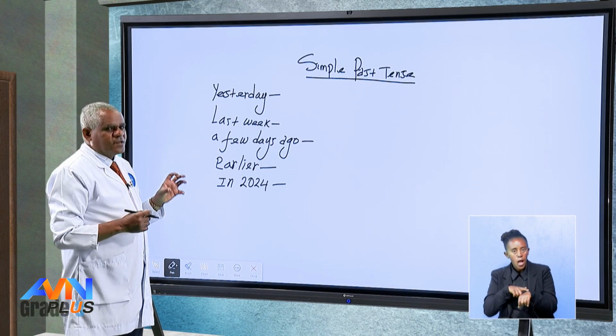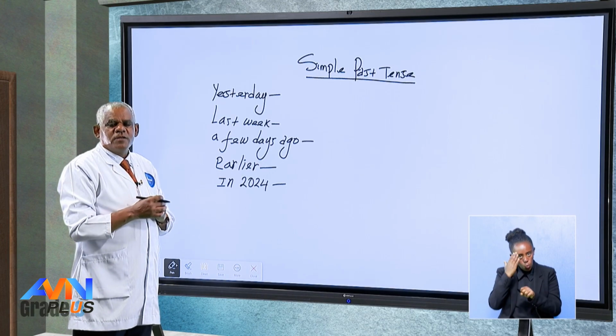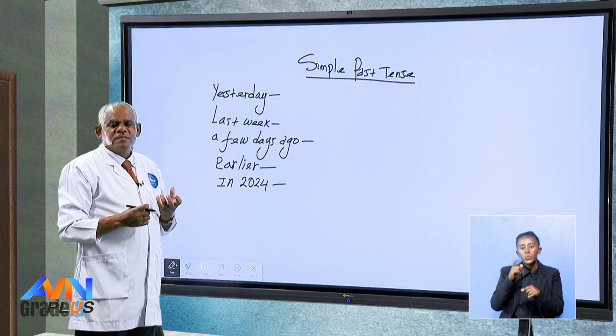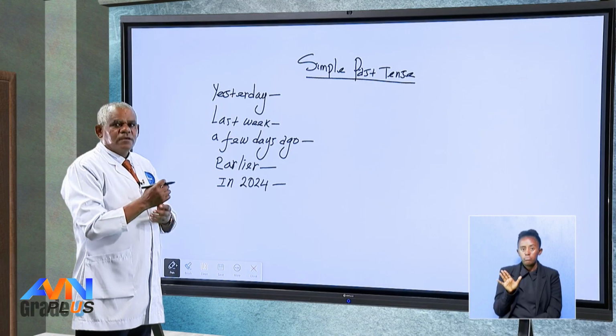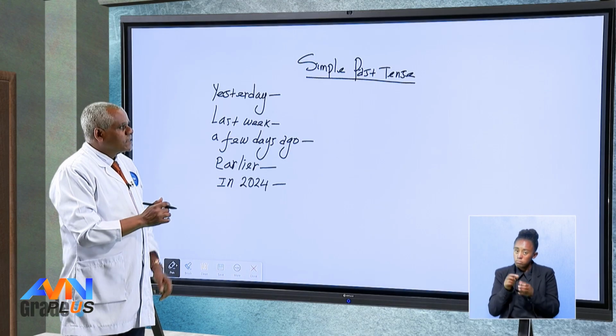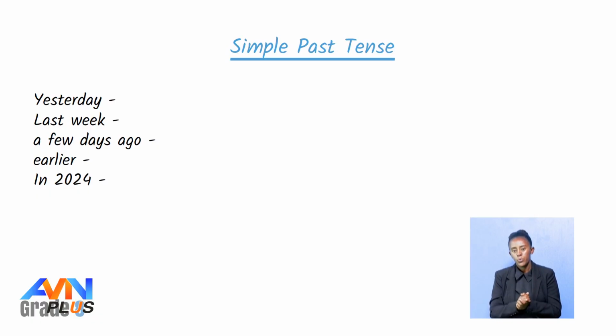So let's use these adverbs. Time adverbs are very important. While you are using simple past tense in your day-to-day life, don't forget to tell the adverbs of time. I'm going to show you now, all right? Okay, good.